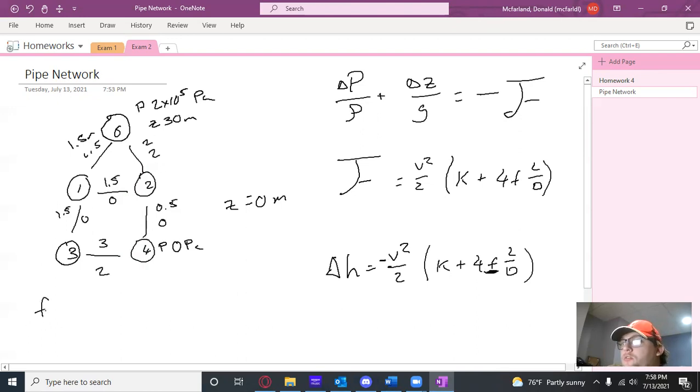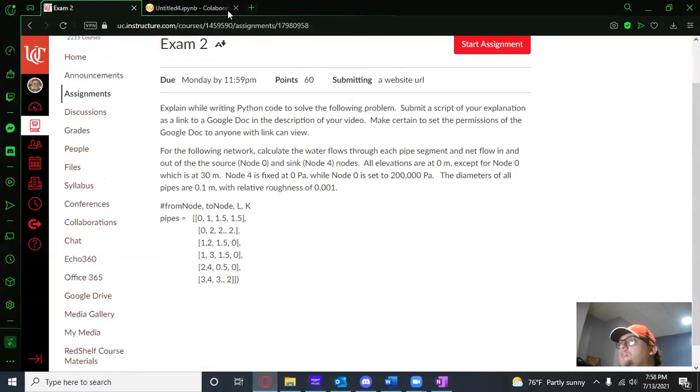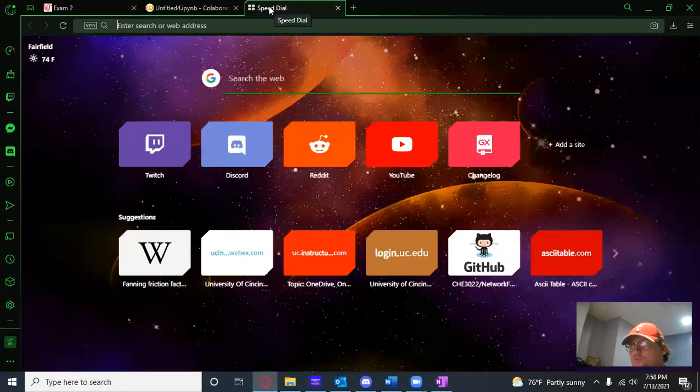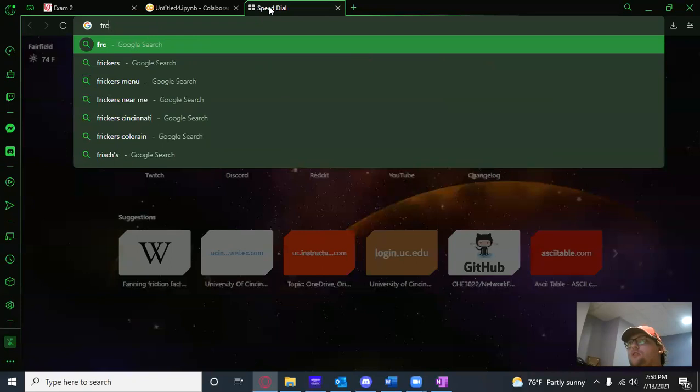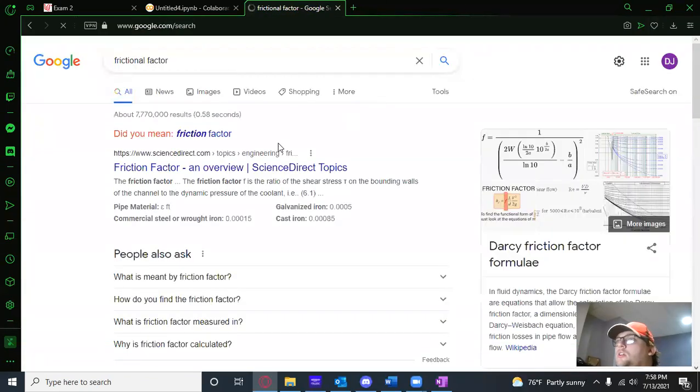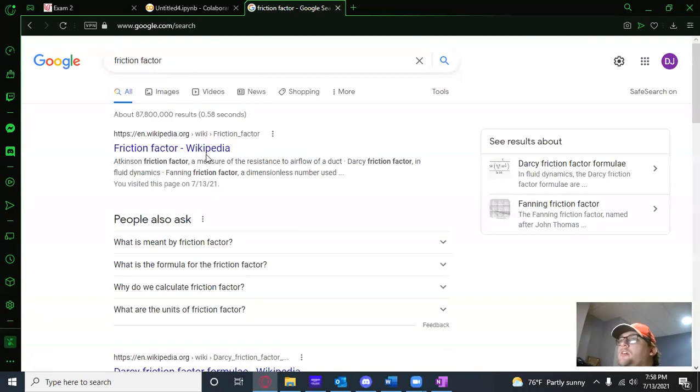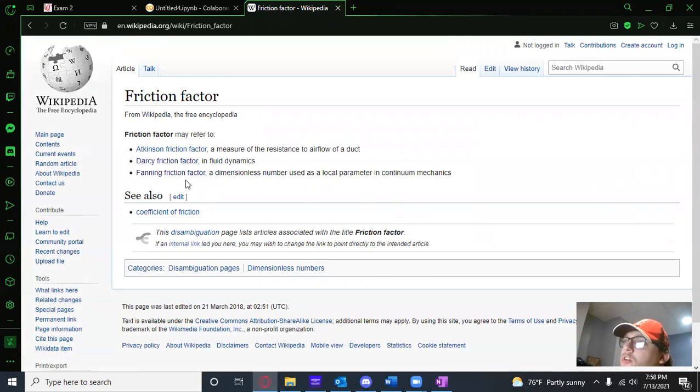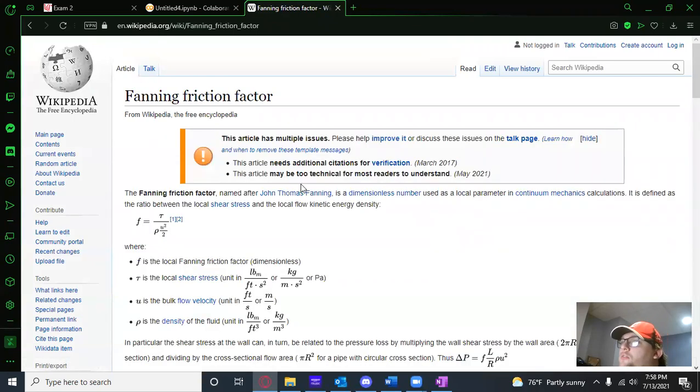And to find frictional factor, we're going to use our good friend, Google. So let me just pull up my browser real quick. Friction factor. All right, friction factor. Takes us to a Wikipedia page, and what we're going to be working with is the Fanning friction factor.